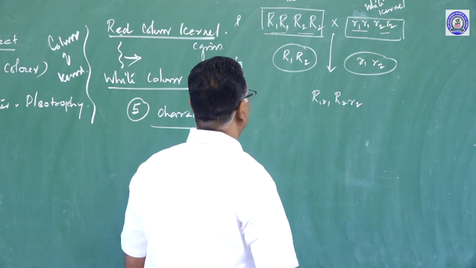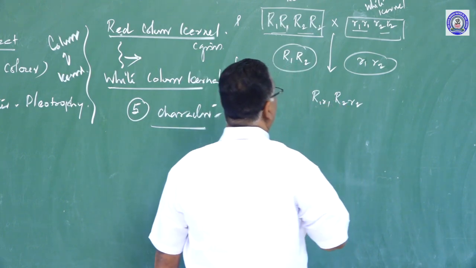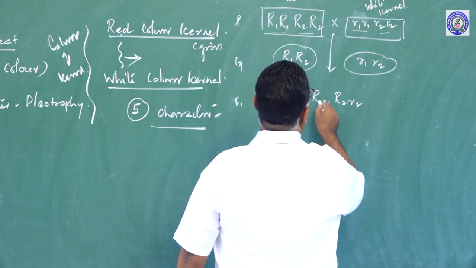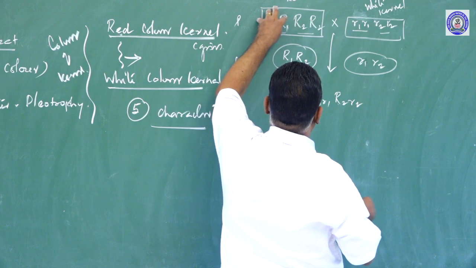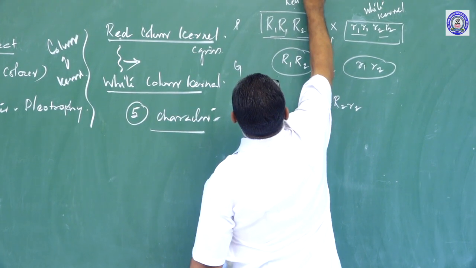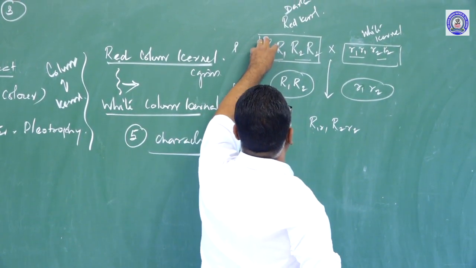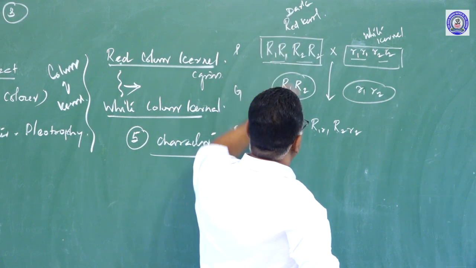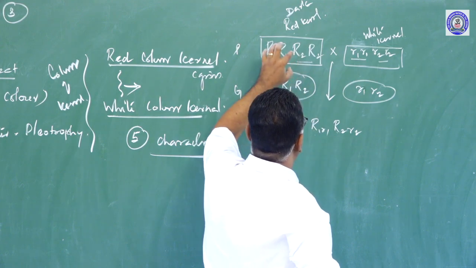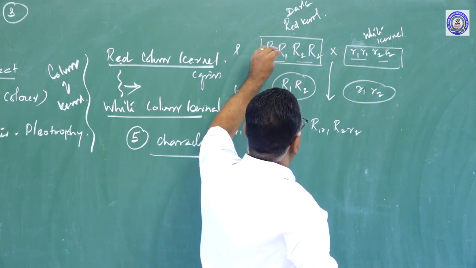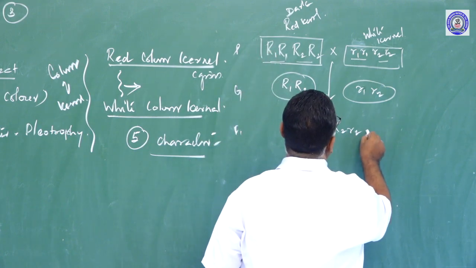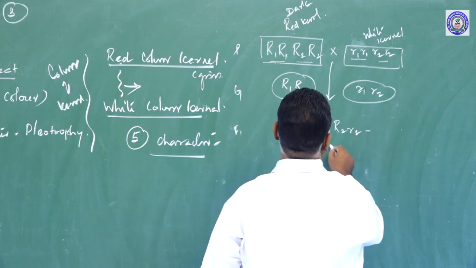This will be the combination, and here what will be the phenotypic expression? Since 4 dominant genes give dark red kernel, and here only 2 capital genes are there, it will be intermediate red, that is moderate red.